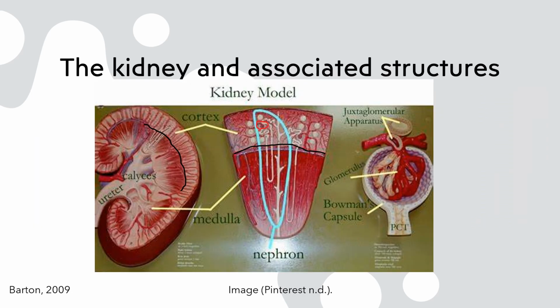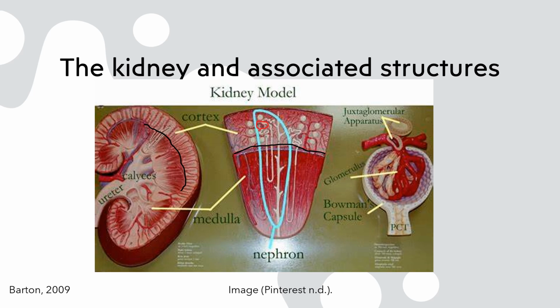This slide is showing you the kidney and the associated structures. The figure on the far left is the whole kidney. The middle one is a nephron, and the last one is your glomerulus and Bowman's capsule, which is your renal corpuscle.